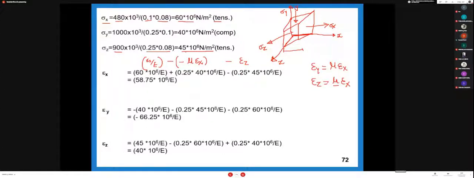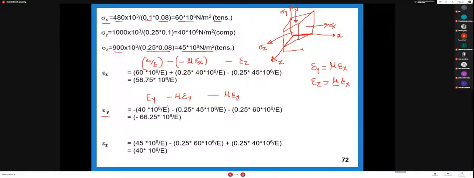Same way, if you consider the y direction, the y direction stress is considered absolute, and the other two directions' strain is considered as per the Poisson ratio times, meaning here strain in the y direction minus strain in the x direction, but it is equal to mu times the strain in the y direction minus mu times the strain in the y direction.